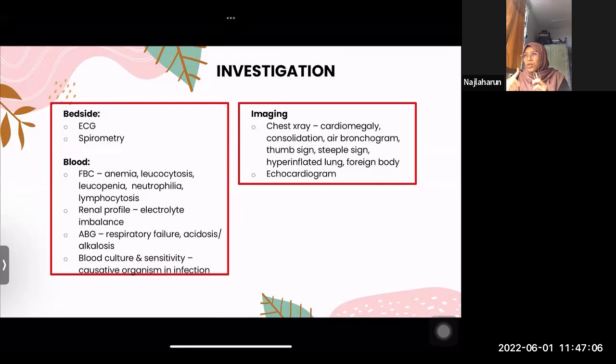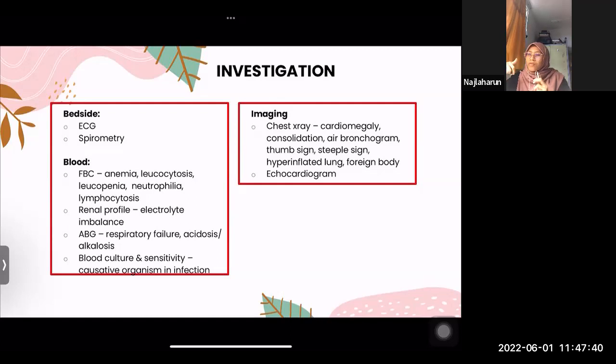In case we are thinking of infection, we expect leukocytosis or neutrophilia. In case of severe viral infection, the patient can have leukopenia or lymphocytosis. Other than full blood count, we also need to send a renal profile to look for any electrolyte imbalance, and arterial blood gases to look at the oxygen and for respiratory failure or metabolic acidosis.